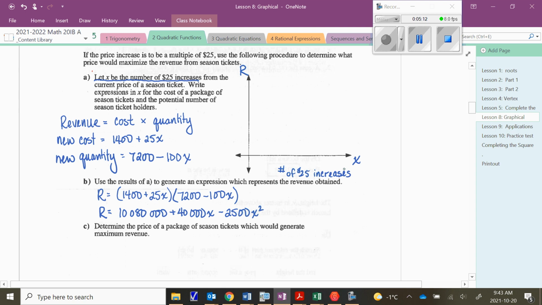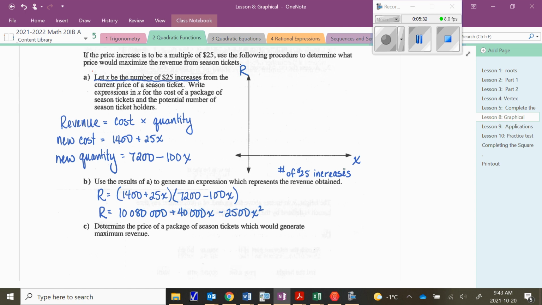It's important to understand what these axes represent, because when we graph it, what does the data mean? We're looking only at quadrant 1 because presumably we're not going into negative revenue and we're not decreasing our price. Rather, we should be increasing our price.